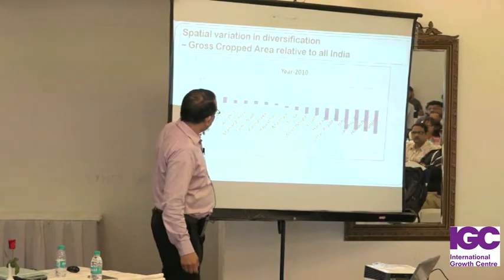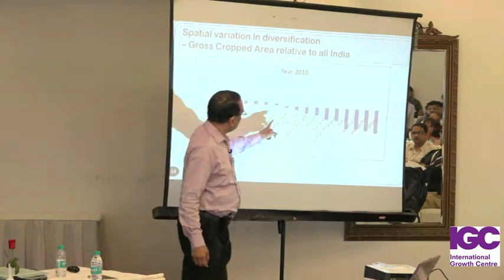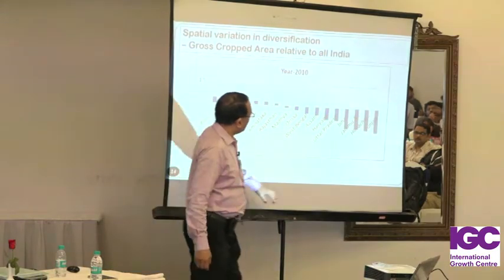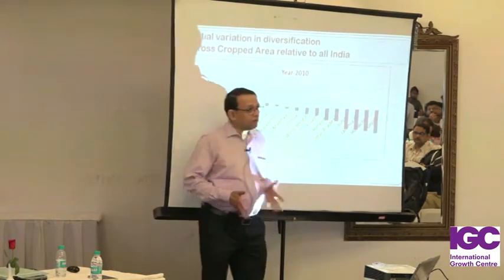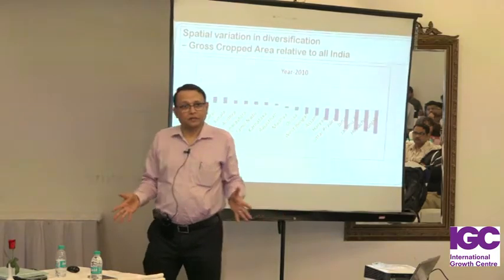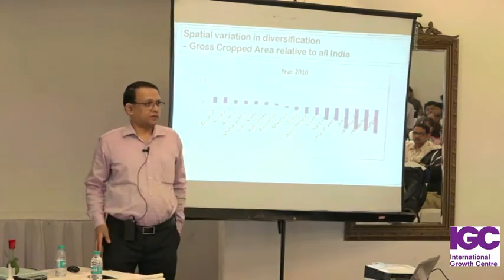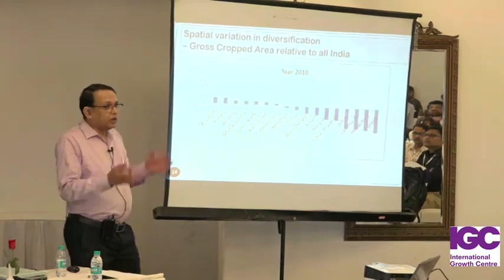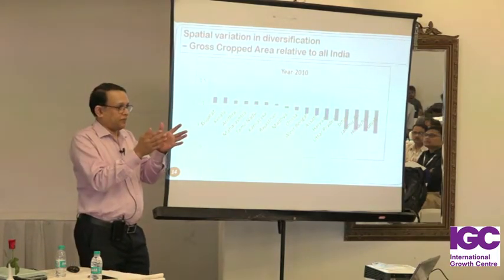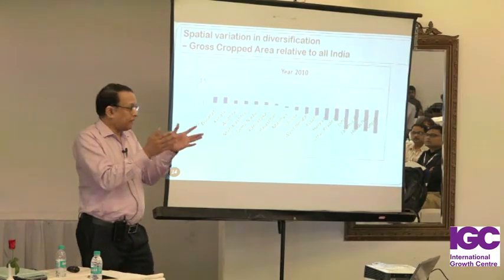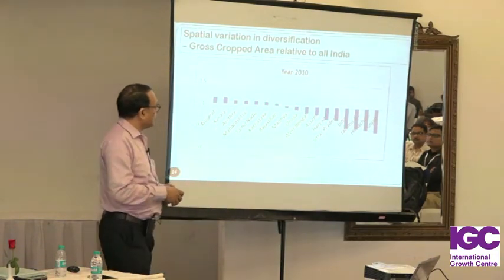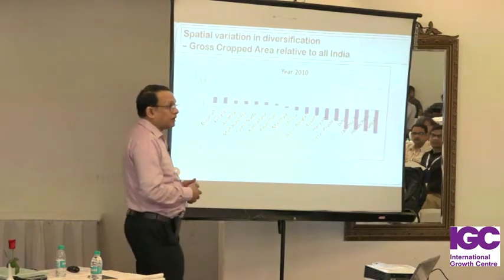And you see here again, there's a lot more. Some states actually, the allocation patterns are very, very concentrated. So the amount of land going into a few crops is very large in states like Punjab, Himachal, Jammu.